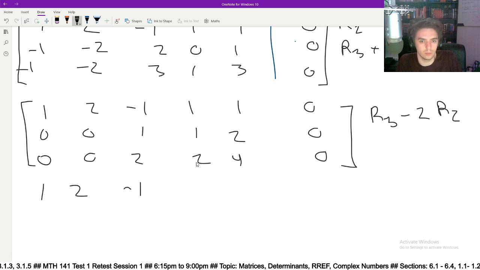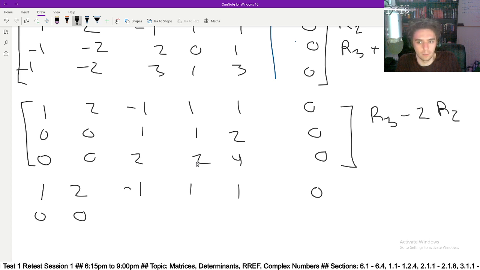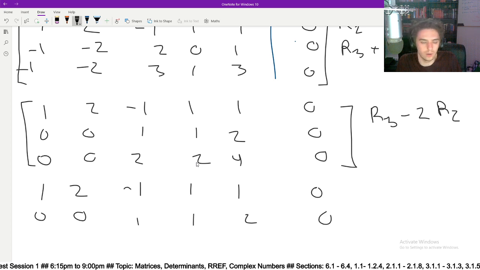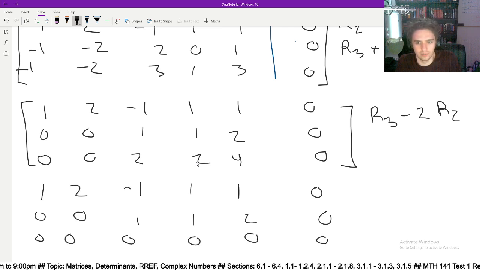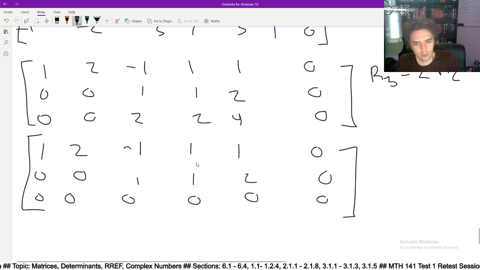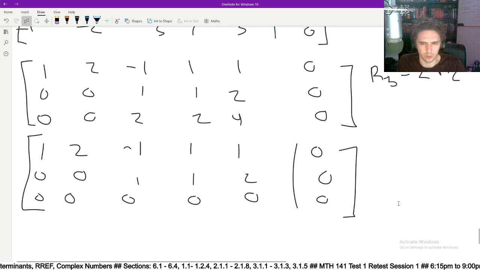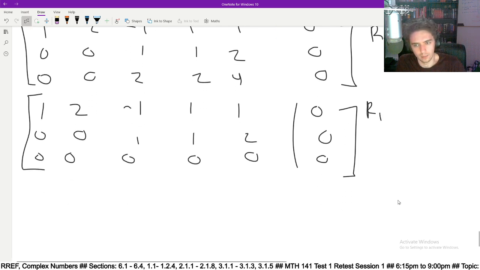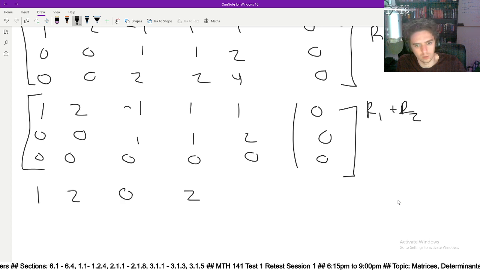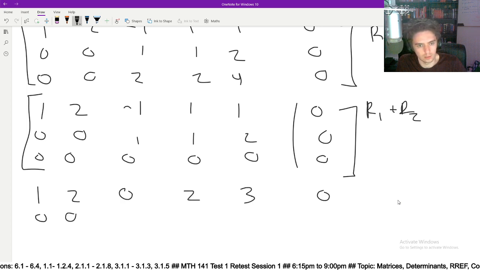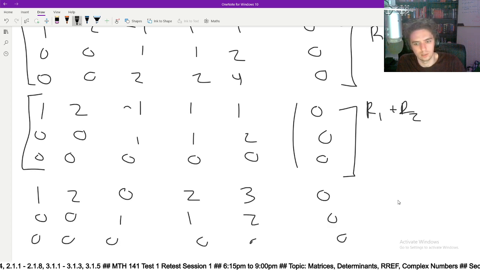So 1, 2, minus 1, 1, 1, 0; 0, 0, 1, 1, 2, 0; and then 0, 0, 0, 0, 0, 0. So we have infinite solutions, right? We can tell already. I'll do one more step: row 1 plus row 2. 1, 2, 0, 2, 3, 0; 0, 0, 1, 1, 2, 0; 0, 0, 0, 0, 0, 0.